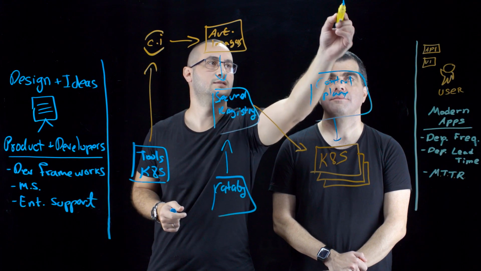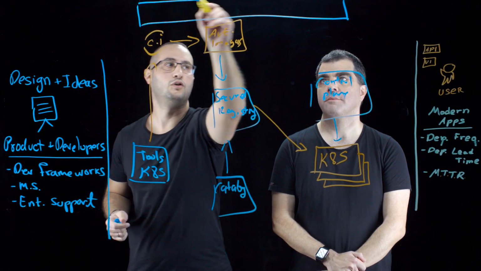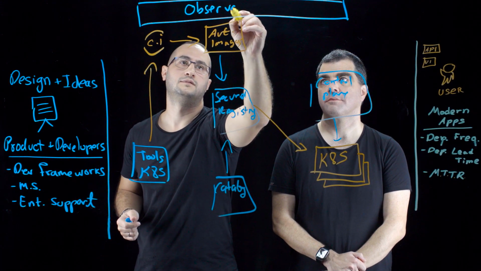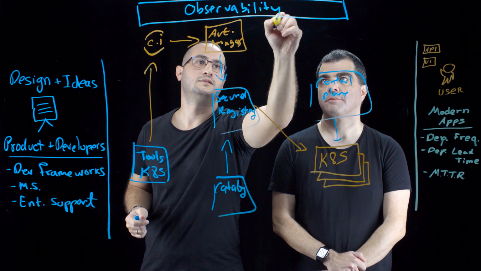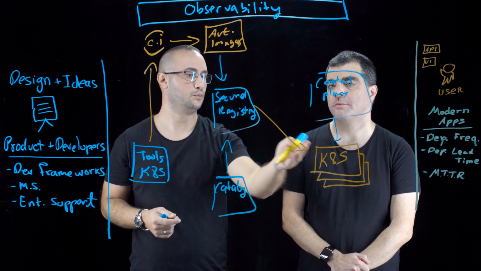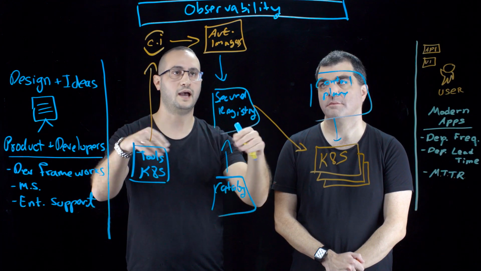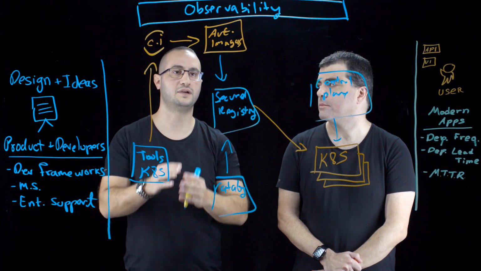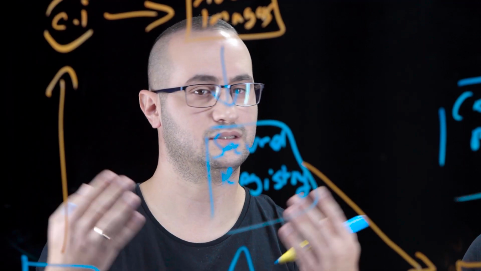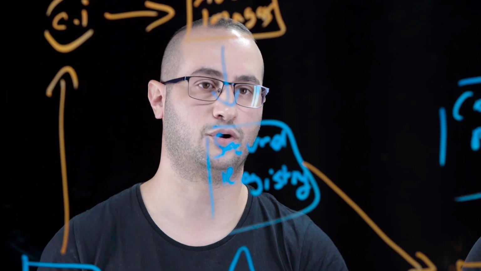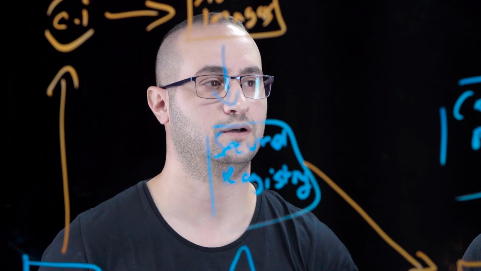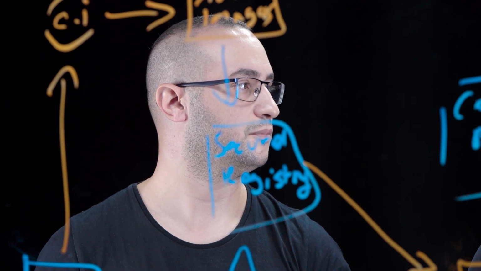So we need to manage some kind of full observability, starting from the infrastructure below to the container runtime, which in that case is Kubernetes, and for the application. So we can see from a central place root cause analysis. If there is a problem, we can see the model, the dashboard, and no matter if we are running on-premises or on the public cloud, we can see everything from a single place.